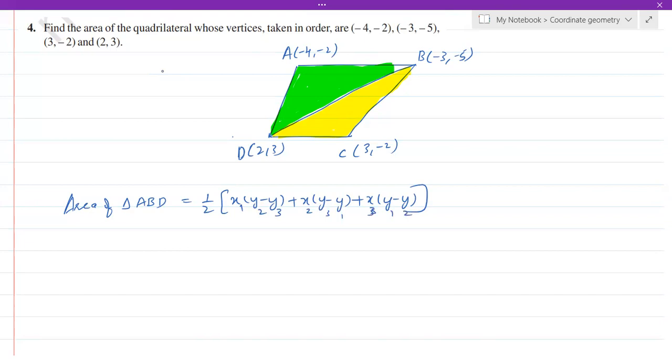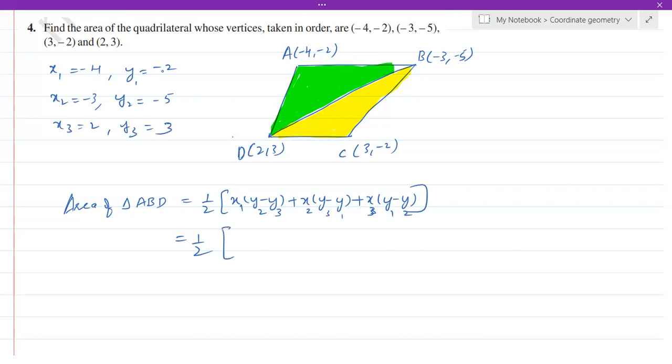Now half, what is our x1? We are finding ABD, right? A will be x1, y1. x1 is minus 4, y1 is minus 2, x2 is minus 3, y2 is minus 5, x3 is 2, y3 is 3.